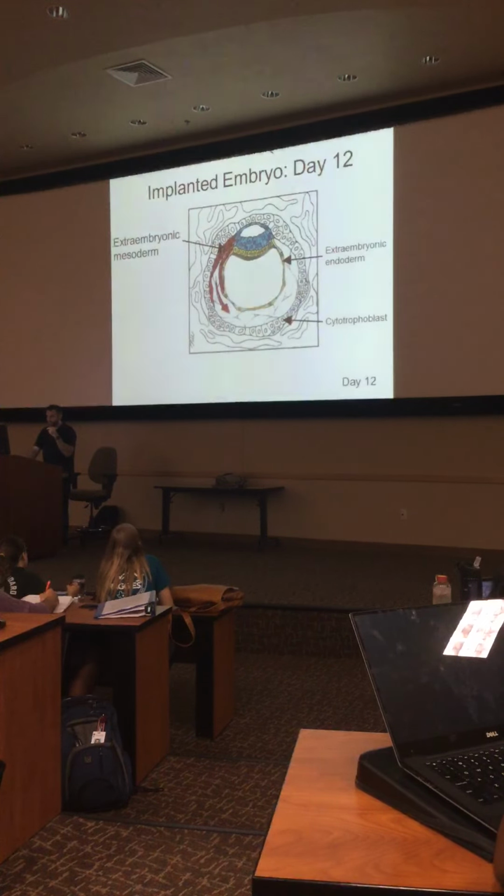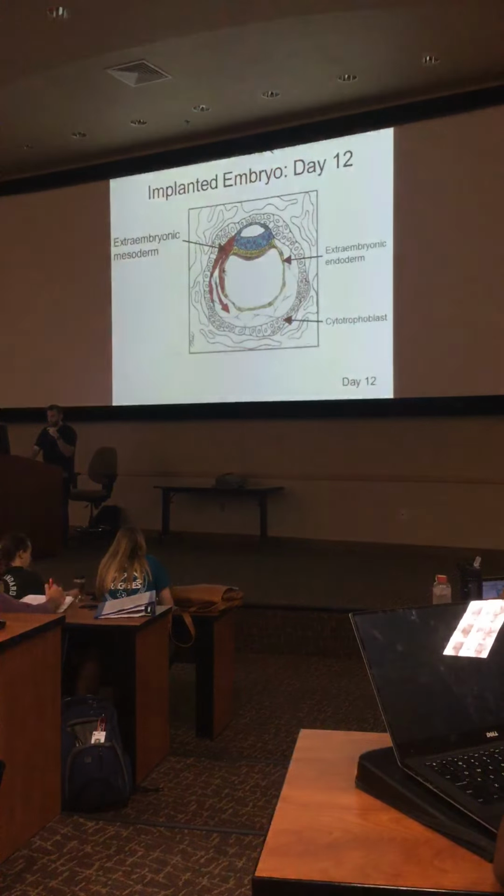One is going to go against these cytotrophoblasts, like so, and the other one's going to go against the actual hypoblastic cells themselves. The hypoblastic cells that came out are considered extra embryonic endoderm. So don't get that confused. Extra embryonic mesoderm comes from the epiblast, and extra embryonic endoderm comes from the hypoblast. Everyone cool with that? Okay.